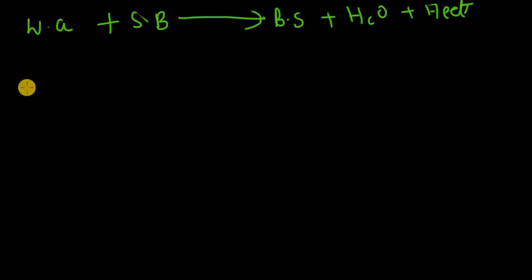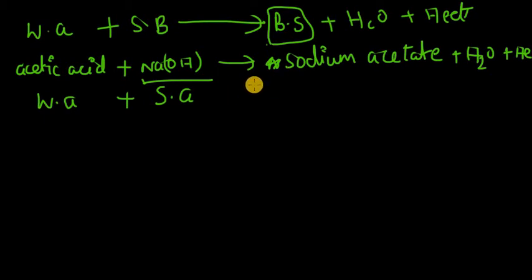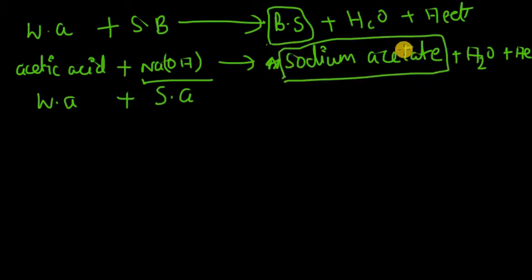For example, acetic acid is a weak acid, and when it reacts with a strong base such as sodium hydroxide, the product, sodium acetate, is a basic salt, an alkaline salt, and as usual water and heat are produced.